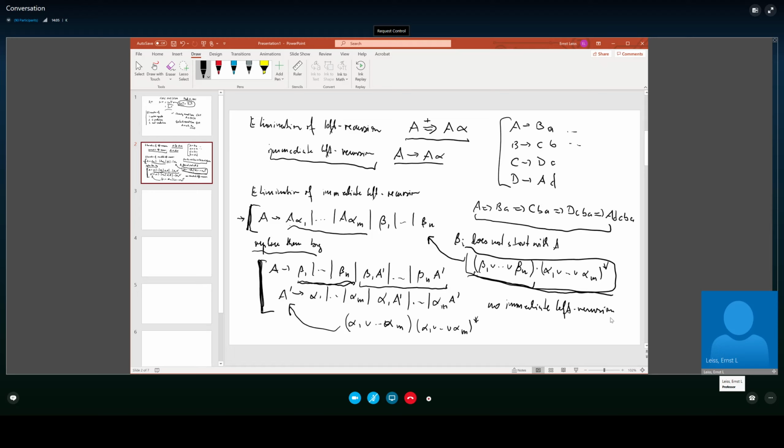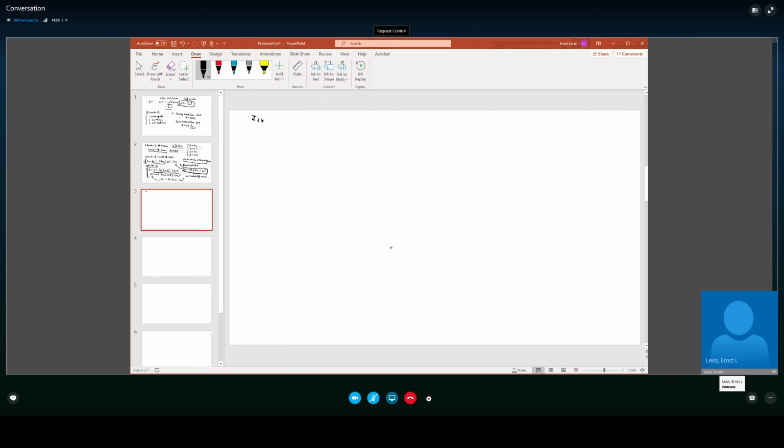So when we replace this set of productions by that set of productions, we generate exactly the same strings, but now we do that without having immediate left recursion present in those productions. So that eliminates immediate left recursion, and now we can try to get rid of general left recursion. And so what we do is we start by fixing an order.